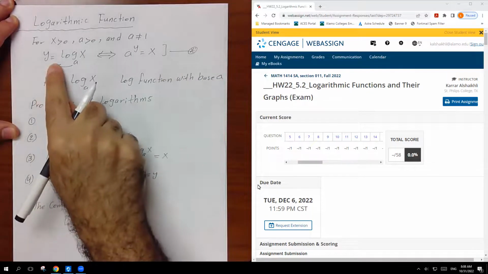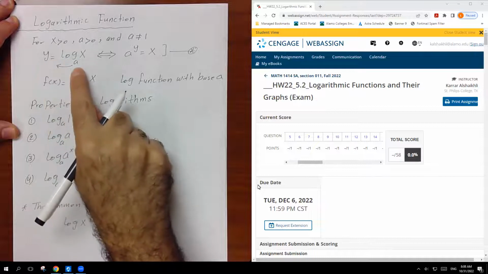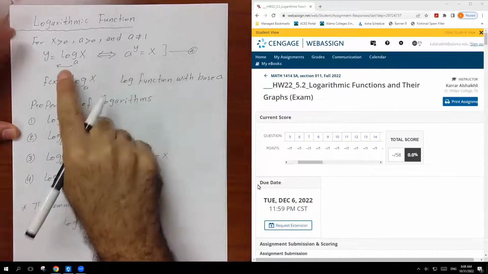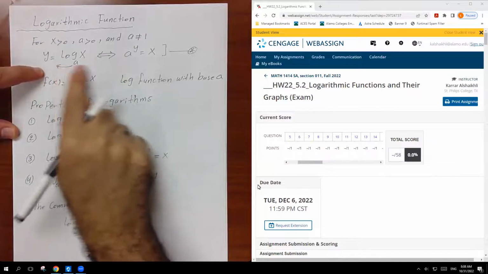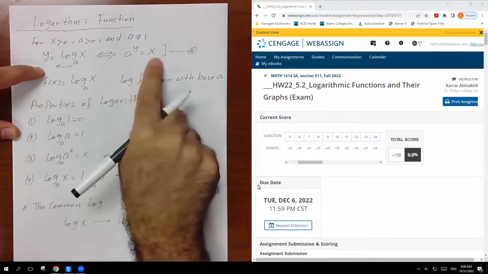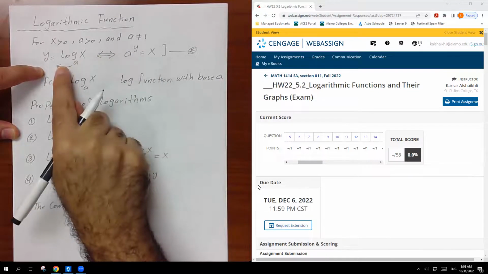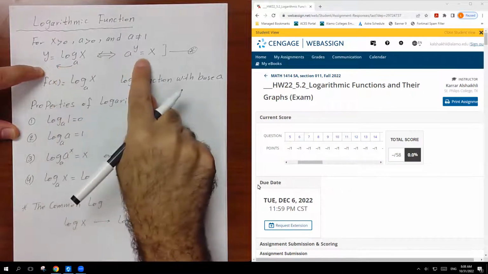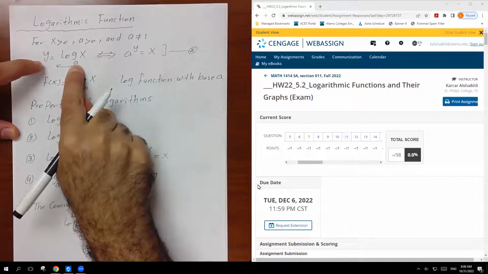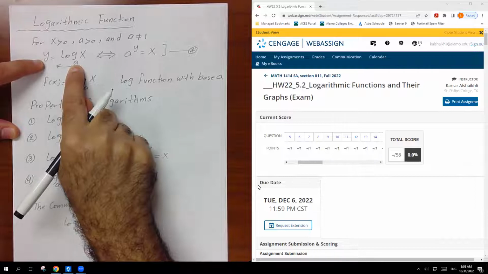y equals log to the base a of x is equal to a to the y equals x. So this is called the logarithm form, and this one is the exponential form. To convert from the log form to the exponential form, we just have to move the base to be a base for the y.